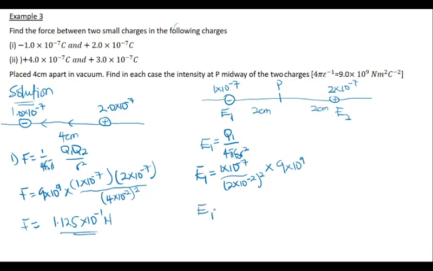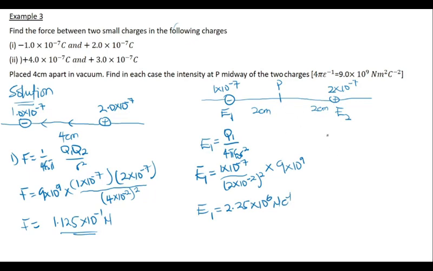If we input everything into the calculator, we get 2.25 times 10 raised to the power 6 newton per coulomb. So this is our E1, the electric field that the negative is exerting at midway.